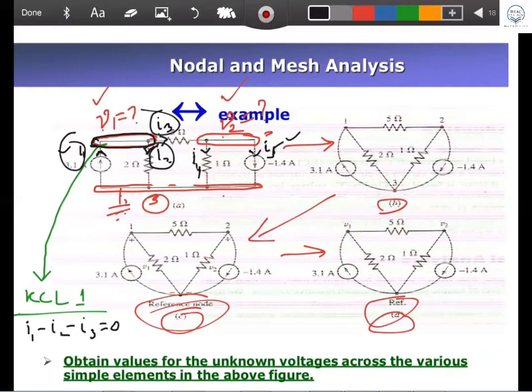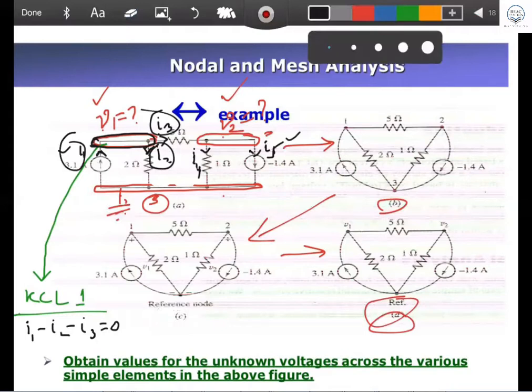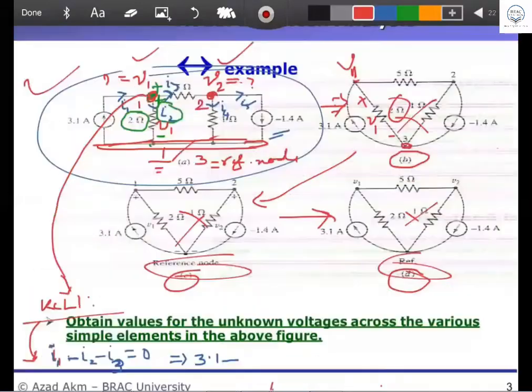Now if we write the equation for this, then we can see that I1 is 3.1, and I2 is what? Some of you asked me a question.